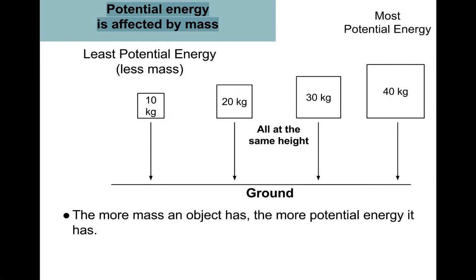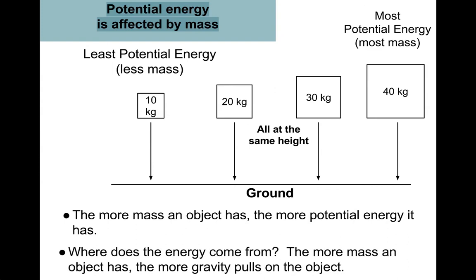The 40 kilogram object has the most potential energy. Again, they're all at the same height. So where does that energy come from? In this case, the more mass that an object has, the more gravity is pulling on the object. So in this case, the energy is being transferred from gravity.